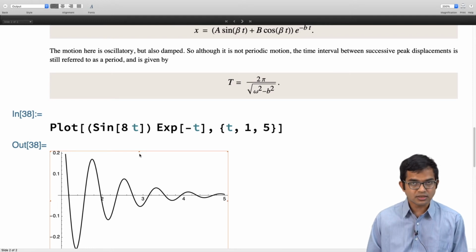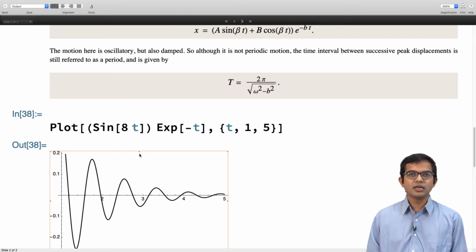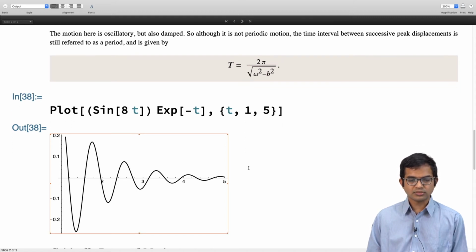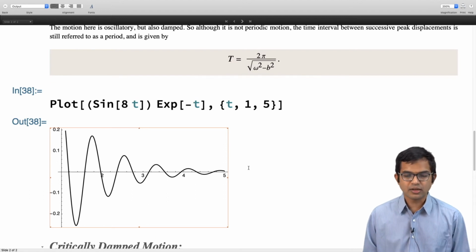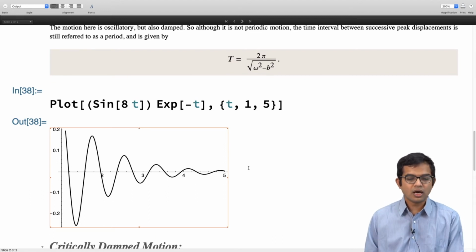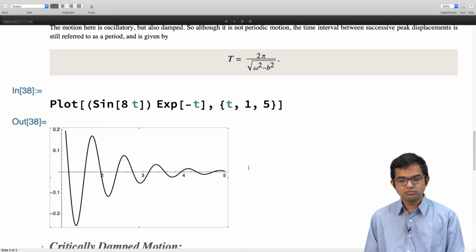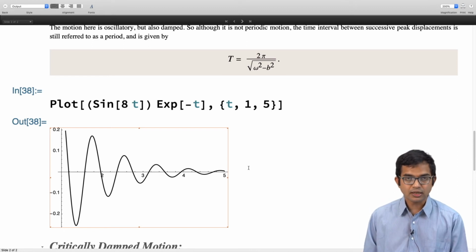So it is in that sense that it's not periodic, but there is an oscillatory aspect to it. There is something which repeats, and that has a very well defined period associated with it. Okay, so this is something that we are sort of familiar with, but it's useful to review it with all the machinery that we have developed.